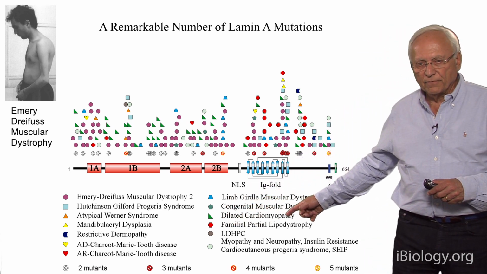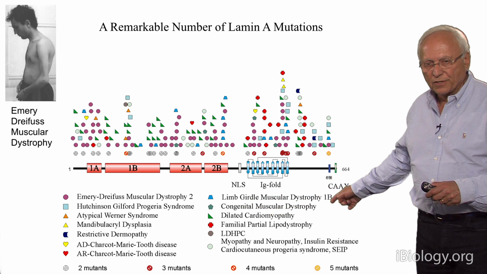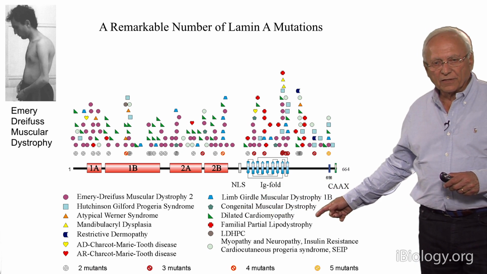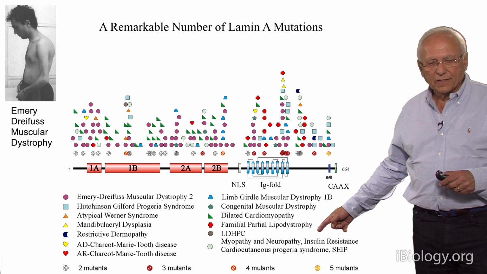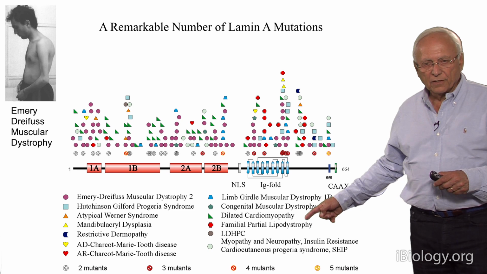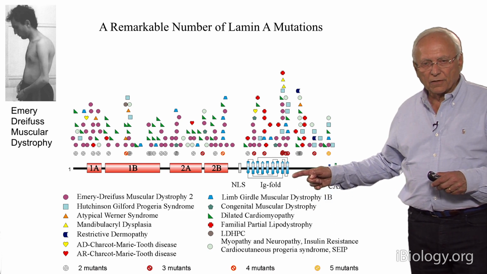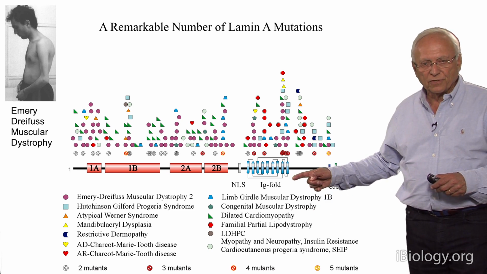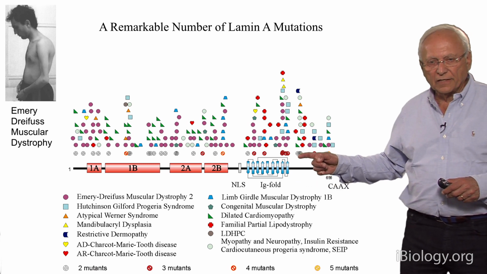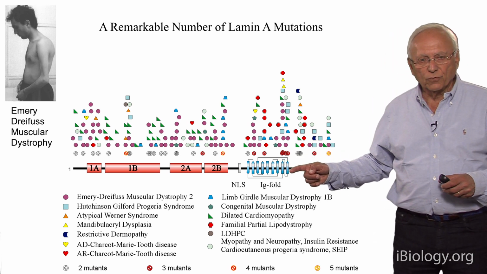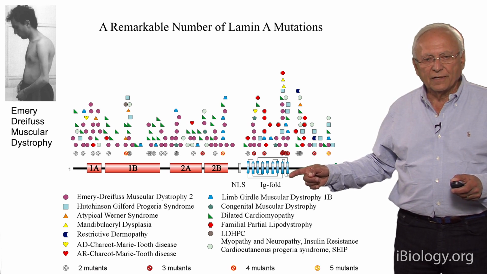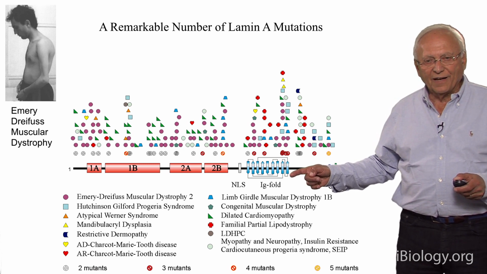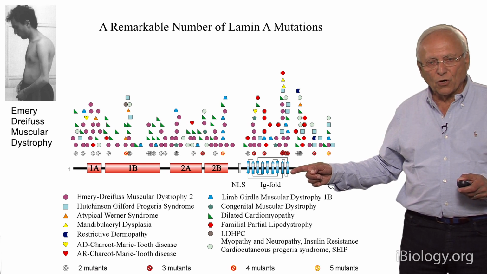There are also various forms of muscular dystrophies, and in fact, dilated cardiomyopathies, lipodystrophies, and numerous other types of diseases. The mutations are located everywhere along the protein chain, and a given disease can have numerous sites in different regions, and this is very hard to explain in terms of the total picture.